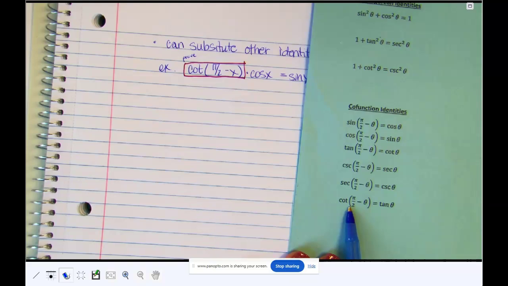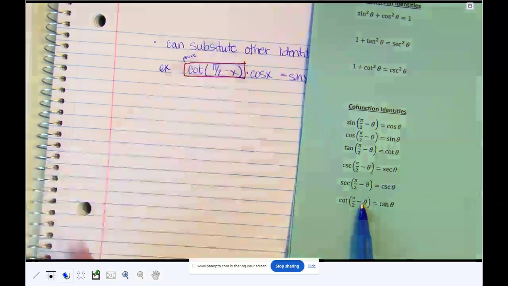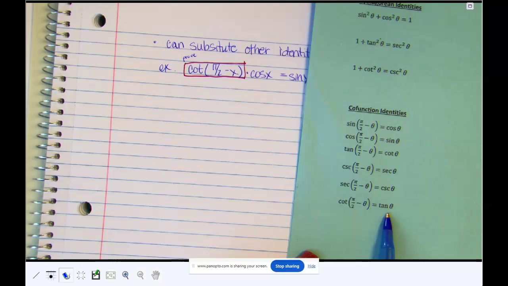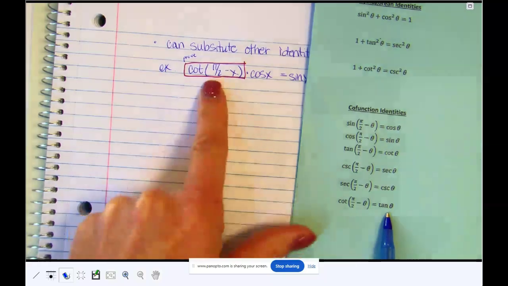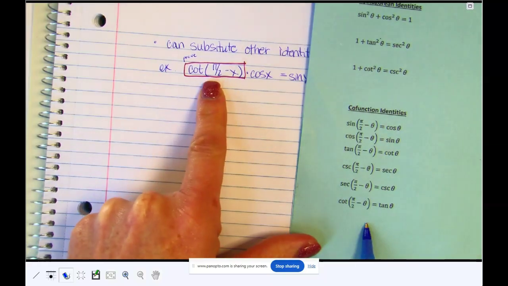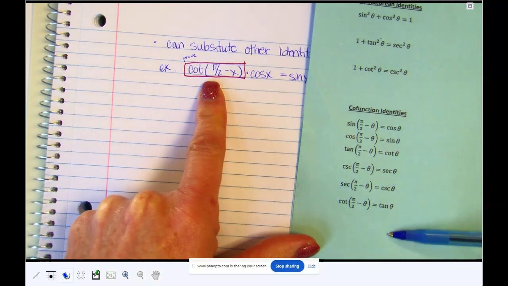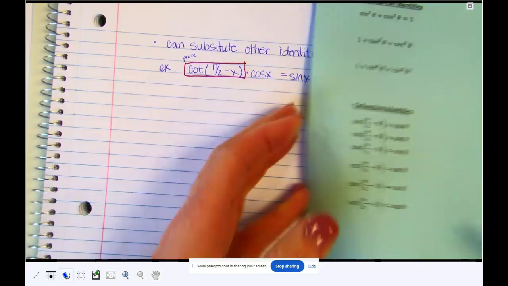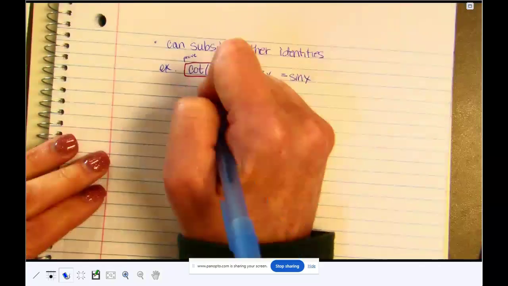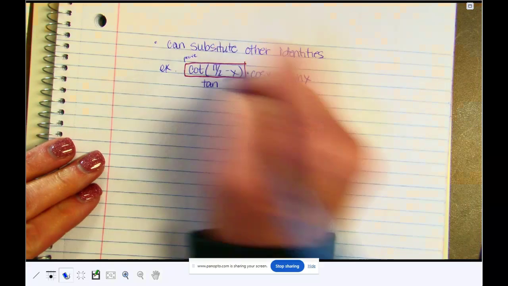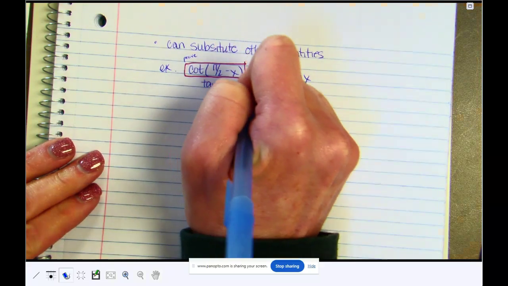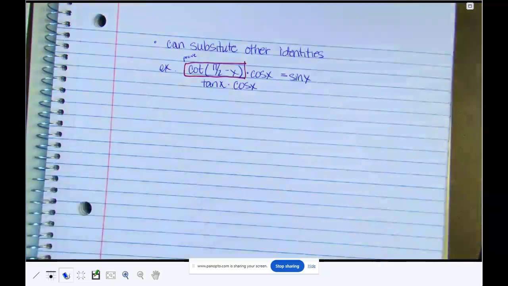This cotangent of pi over 2 minus x, or theta or whatever variable it is, can be directly removed and replaced with tangent. So if you see something with pi over 2 minus the variable, that's a cofunction identity, and you pull it out and replace it with tangent. So this thing here is tangent of x times cosine of x. Now you have a regular old proof again.